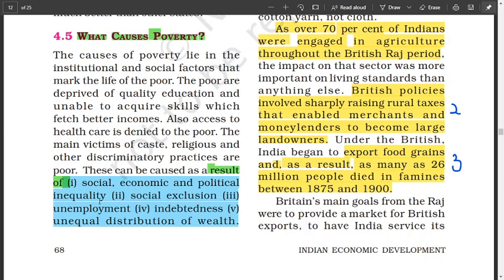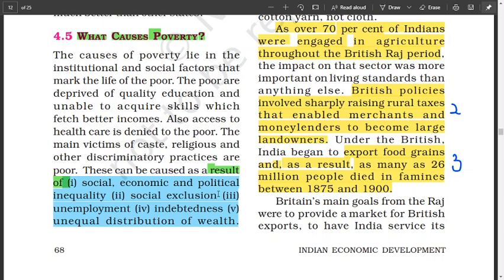That means there are two groups, no? The weaker section, and the strong, the richest class of society. Because of these two groups, people on the lower side remain in poverty.